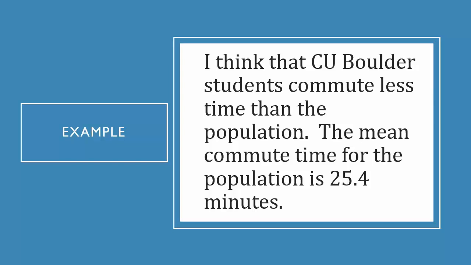So in this case, my sample's mean is 20, the population's mean is 25.4, the standard deviation is 4, and the sample that I had was 9 people. So try that out. See what you get for your answer.